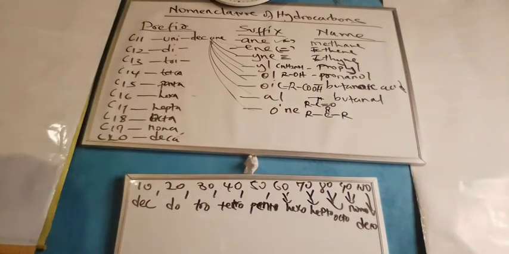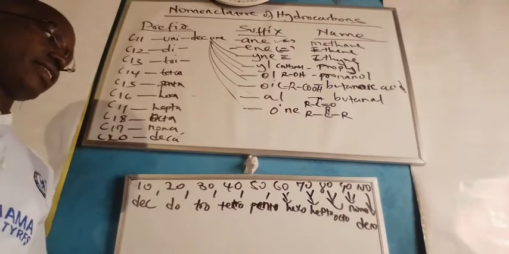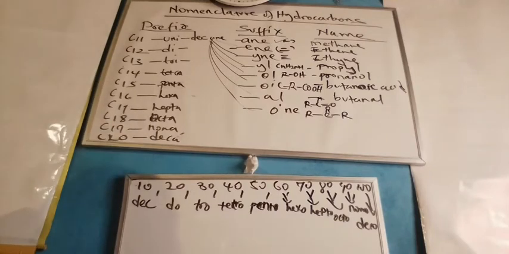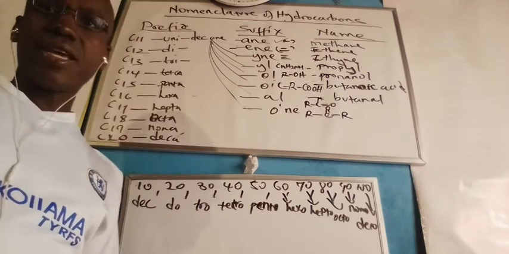And therefore, if we are still following the sequence using alkanes from number 1 to 100, the 10th alkane is decane, 20th will be dodecane, 30 will be trodecane, 40 will be tetrodecane, 50 pentodecane, 60 hexodecane, 70 heptodecane, 80 octodecane, 90 nonodecane, and 100 decadecane.